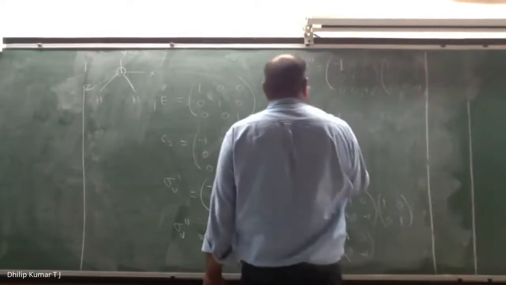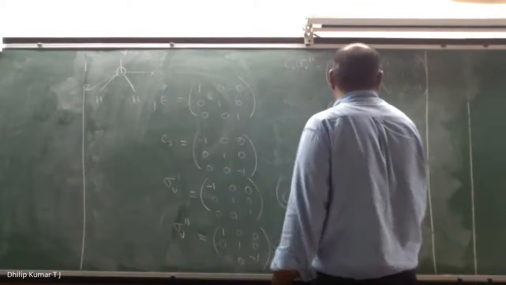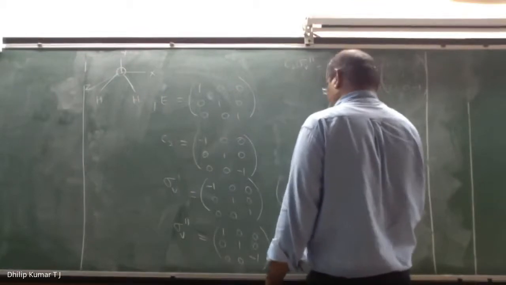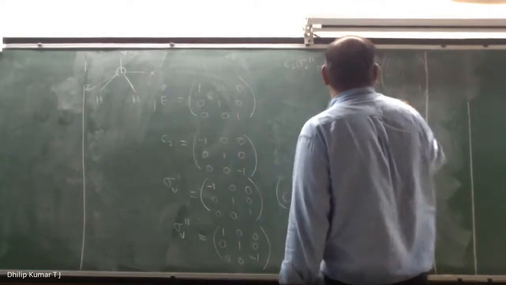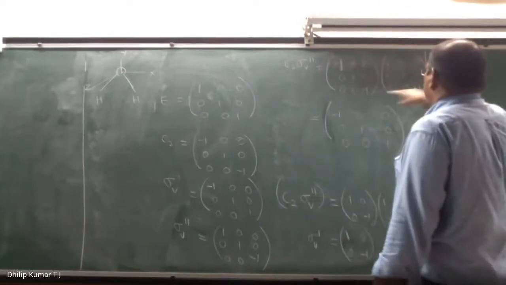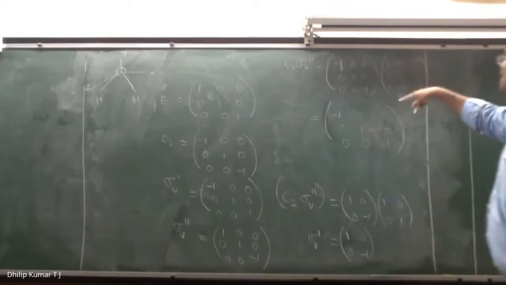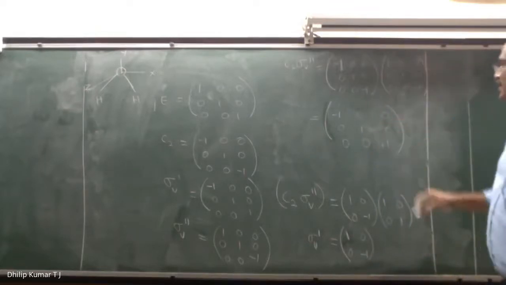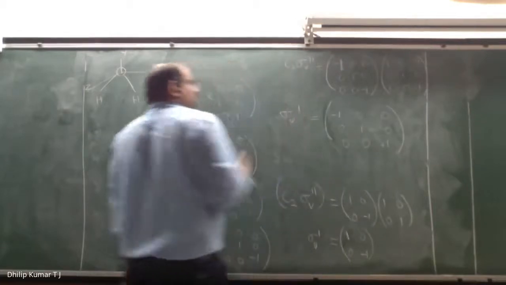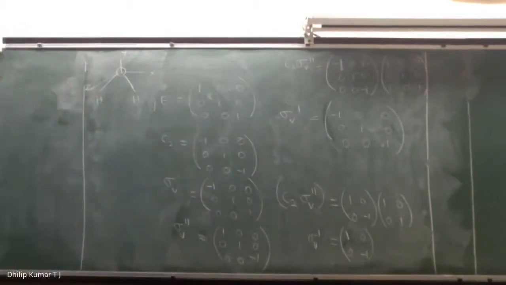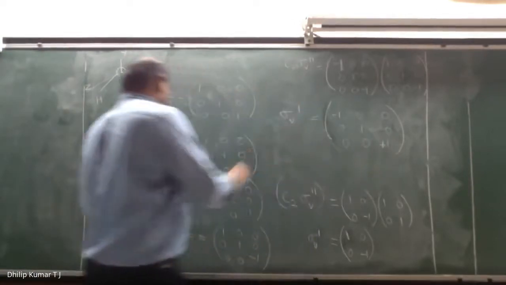So you should get this one. This into this, minus, minus, plus, and so on. So you get the same matrix, and this is equal to sigma v prime.